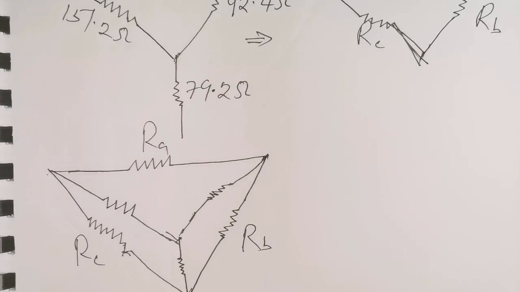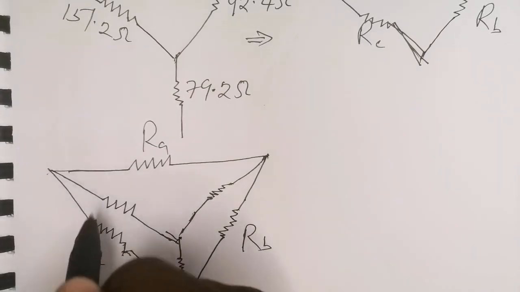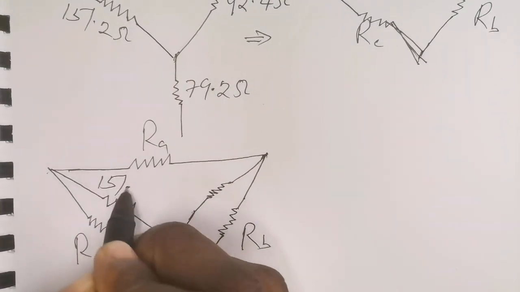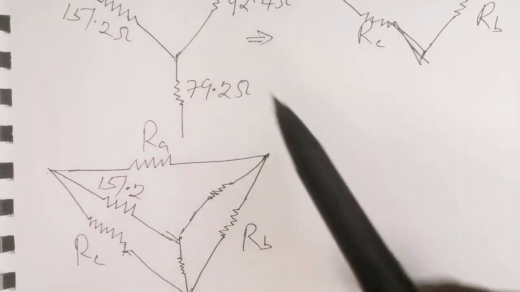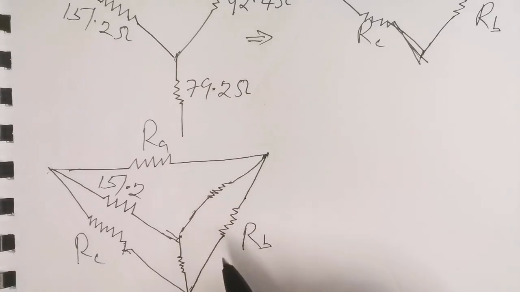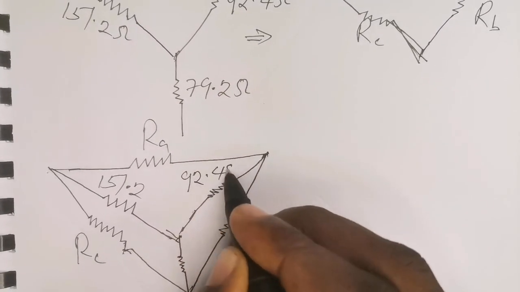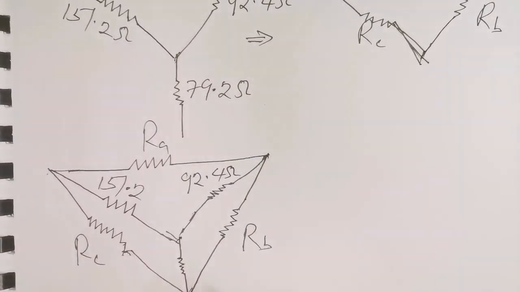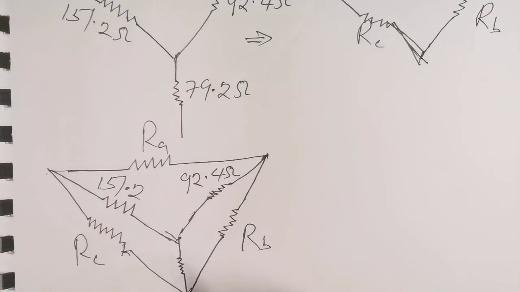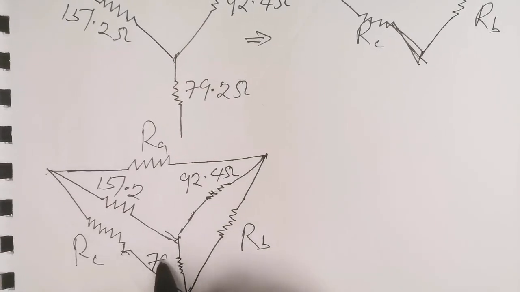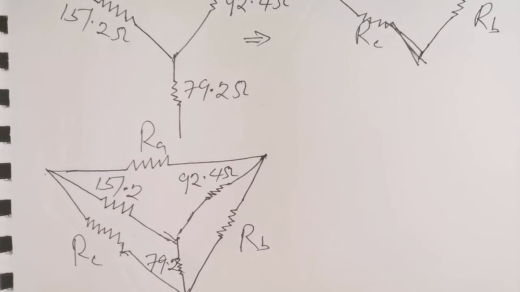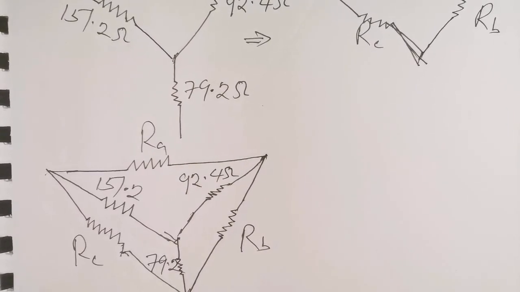Okay, so from our star network, this value was given as 151.2 ohms. This value over here we had 92.4 ohms. So you have 92.4 ohms, and over here you had 79.2 ohms. So these are the values of the star network.